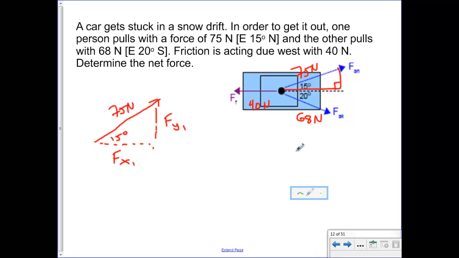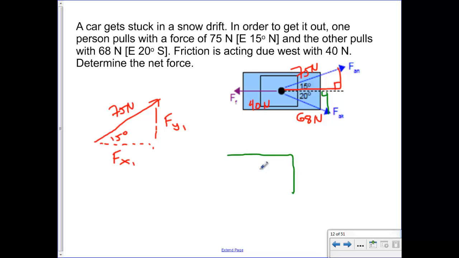And I could also find another triangle here in green, which would be 68 newtons with an FX2 and an FY2, with that angle being 20 degrees. Does that make sense what I'm doing here? I've got to break up a hypotenuse value into actual XY values.